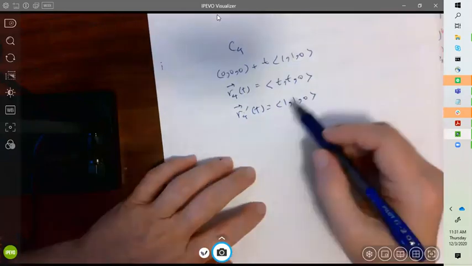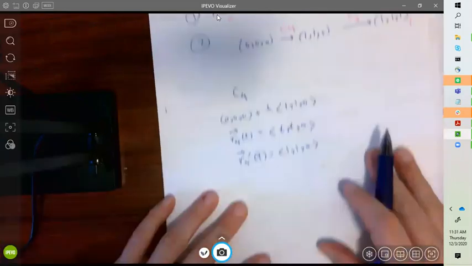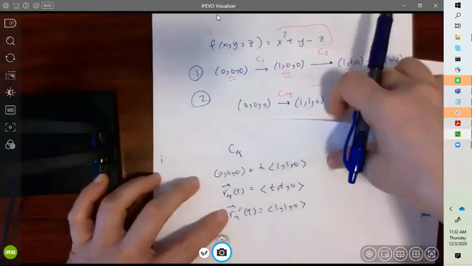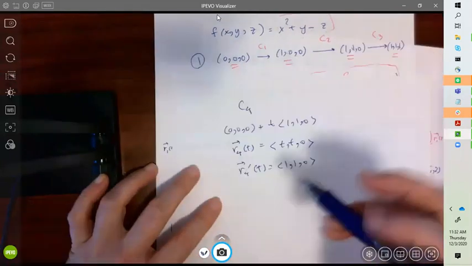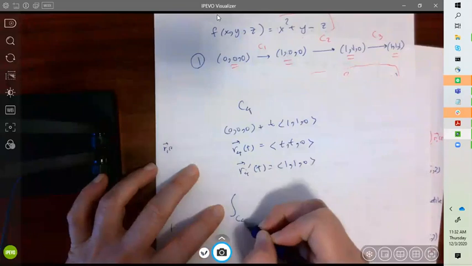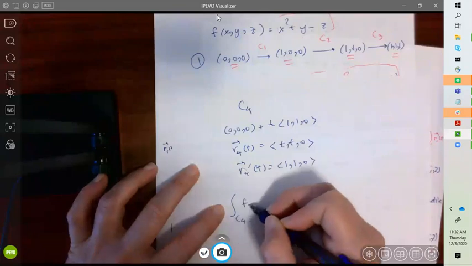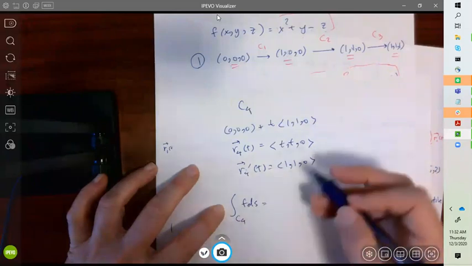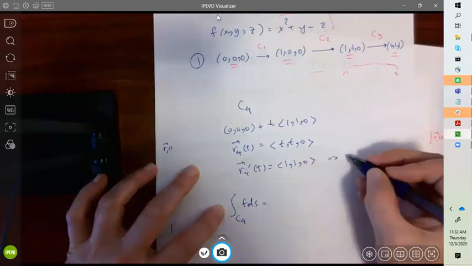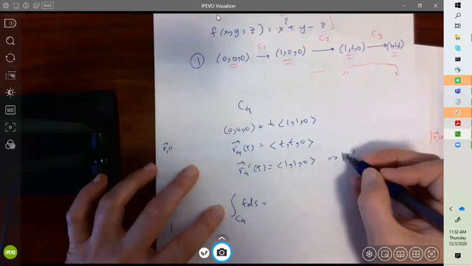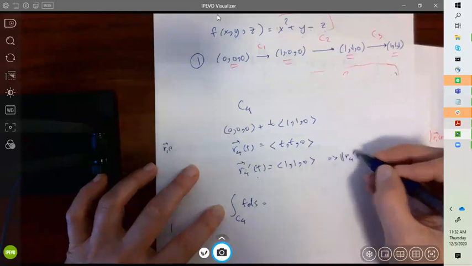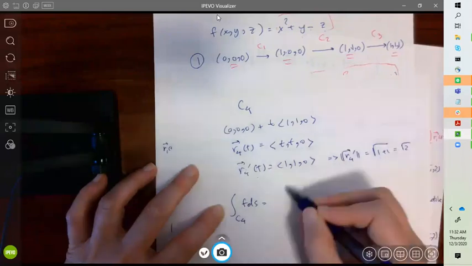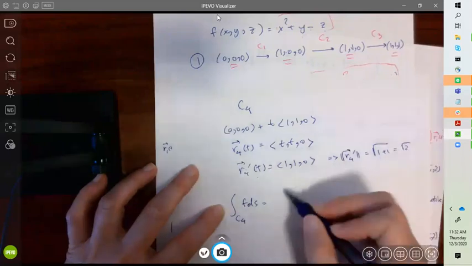Now, what was the function? Function is that. And I have to find the integral over C4 of f. Oh, I keep putting dot in there. And one more thing, I have to find the magnitude of R prime. And that is the square root of 1 plus 1, square root of 2. So this time around, plug that into here.